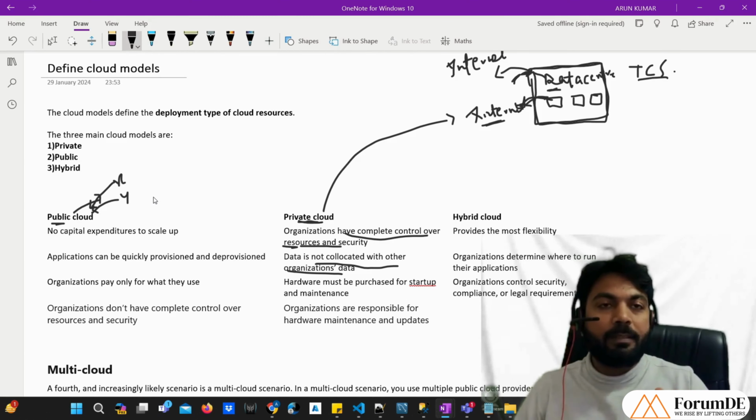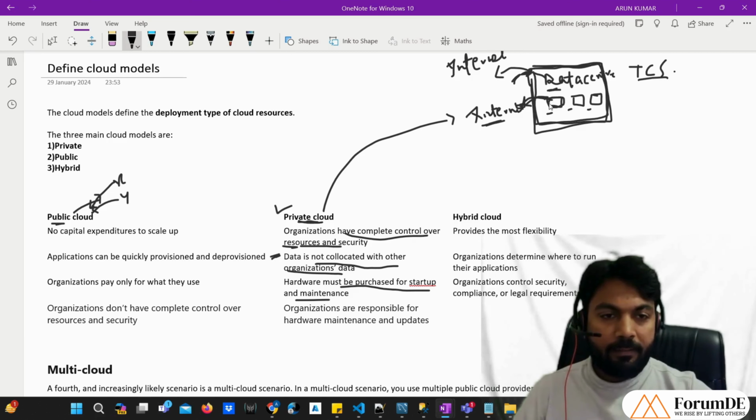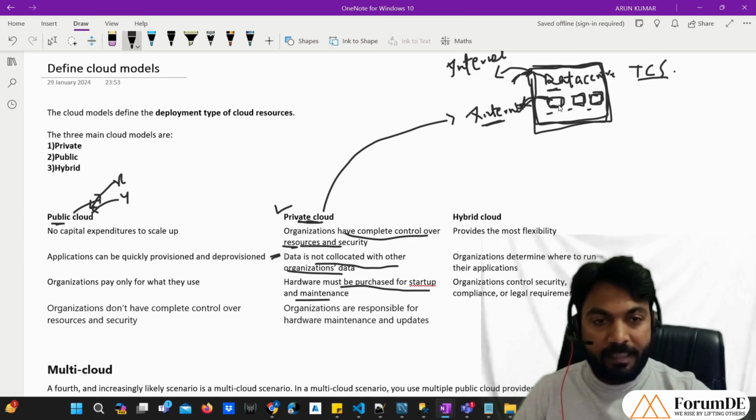And hardware must be purchased for startup and maintenance. For setting up these data centers and servers, of course, companies need to buy hardware components, computers, and all other things. Continuous maintenance needs to be done on these servers to keep them up and running.